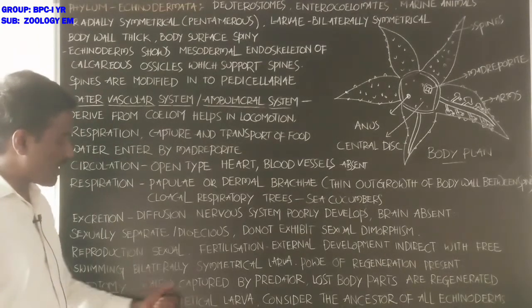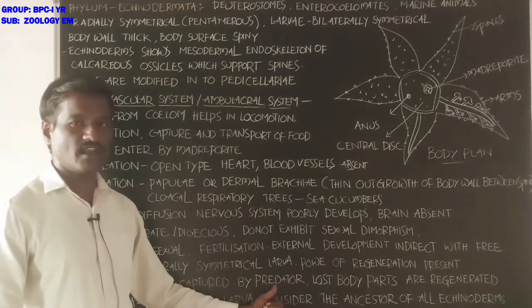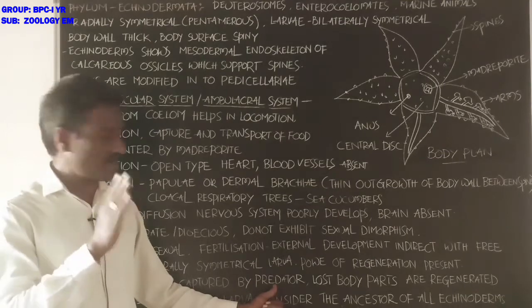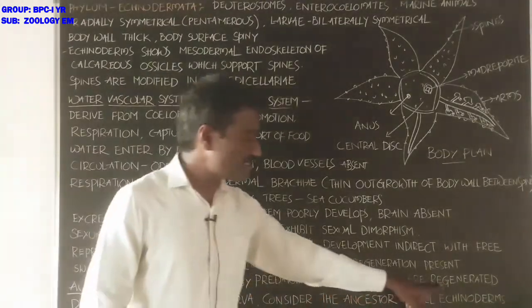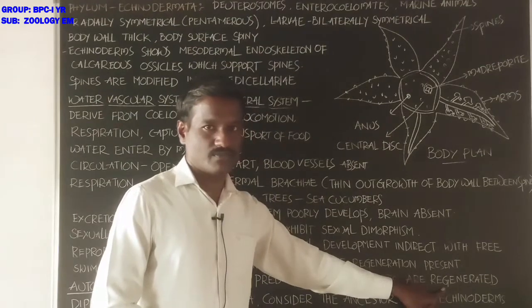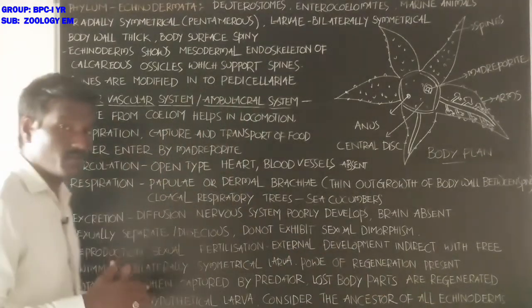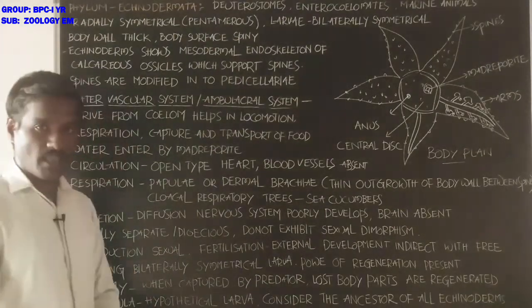When the echinoderm is captured by a predator, the lost body part is regenerated. That is autotomy.